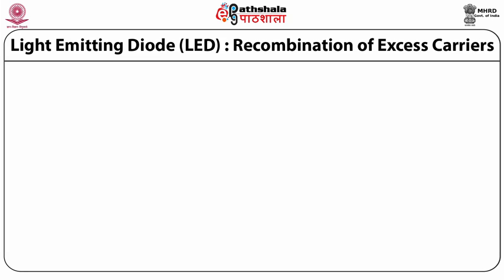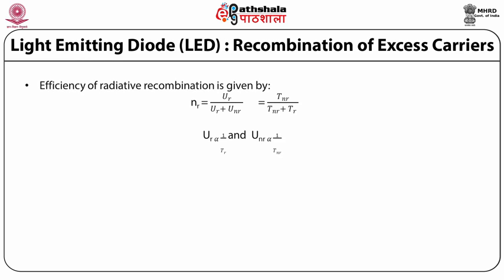Recombination of excess carriers. The efficiency of radiative recombination is given by eta R equal to UR by UR plus UNR, equal to TNR by TNR plus TR, where UR is the radiative recombination rate, UNR is the non-radiative recombination rate, TR is the lifetime of radiative recombination, and TNR is the lifetime of non-radiative recombination.